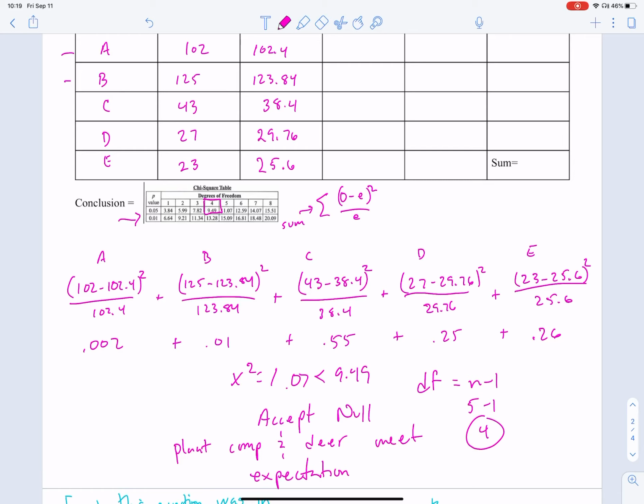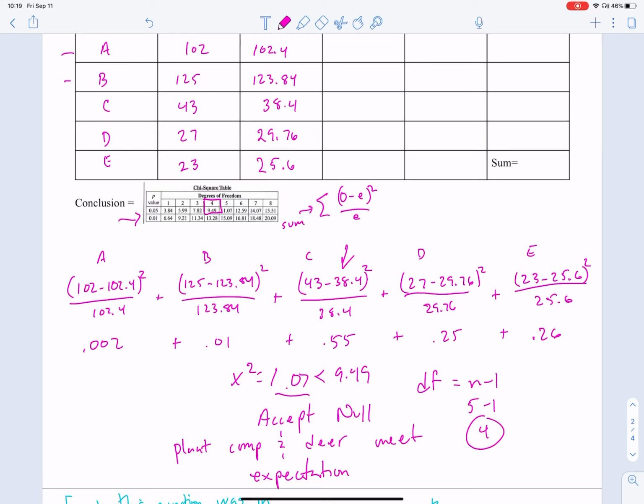Because they're not exactly the same. 43 and 38.4, for example, are not exactly the same, but this is saying mathematically they're close enough. And if you look, you have a 1.07 compared to a 9.49, so significantly close enough to accepting the fact that what was observed is what we would have expected.